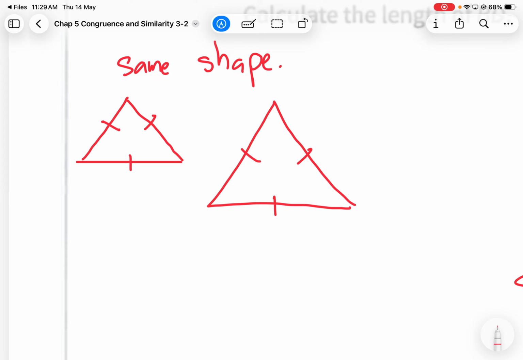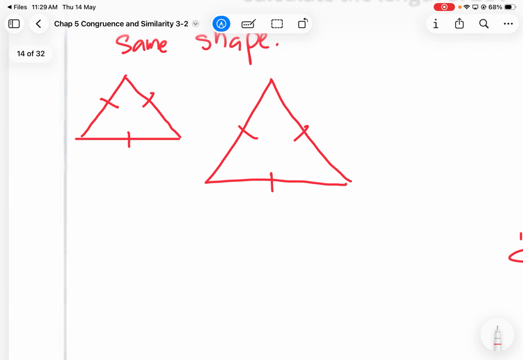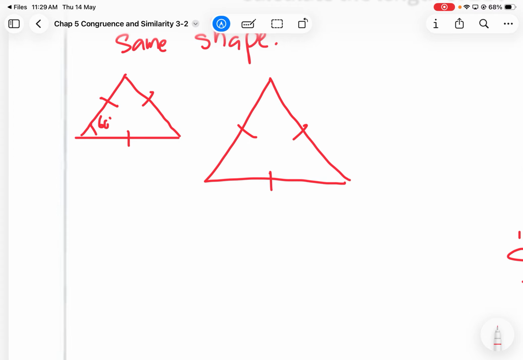Leila says yes. David? Same shape, same angle. Yes, okay. So if now I tell you the equilateral triangle means all 60 degrees.